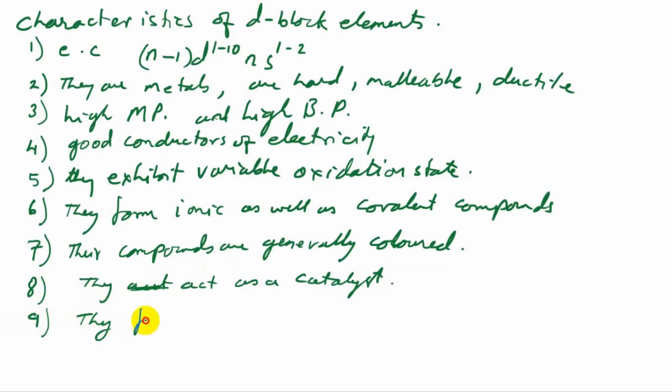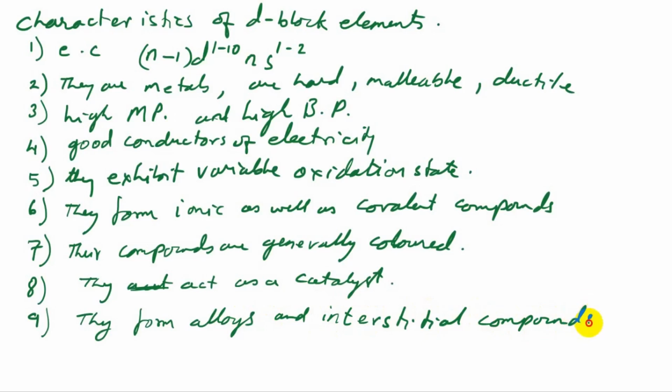They form alloys and these things, and I can also write down one more thing, interstitial compounds. We'll come to these interstitial compounds later on again. These compounds are generally formed by trapping certain atoms in the intermolecular spaces. Whatever space is the intermolecular space, they trap some element and they form these type of compounds.